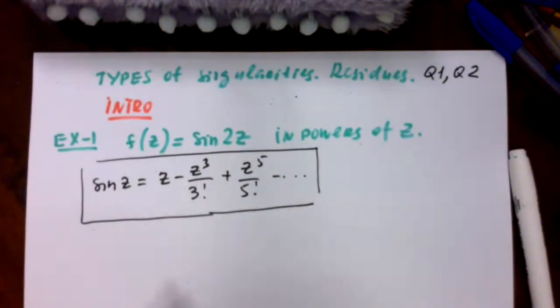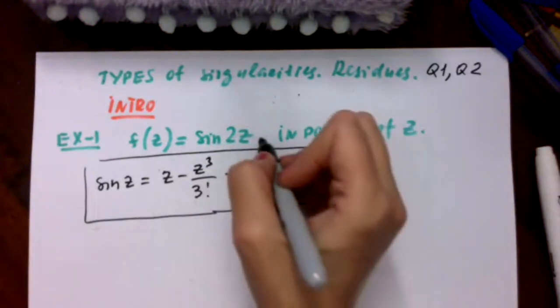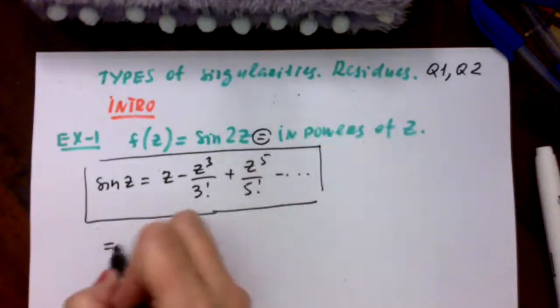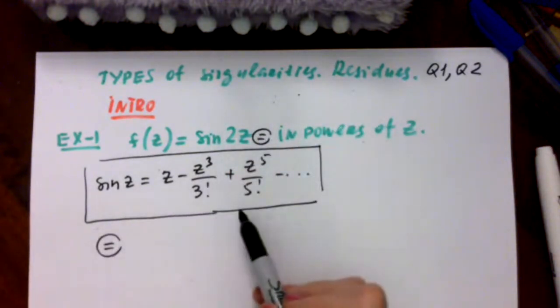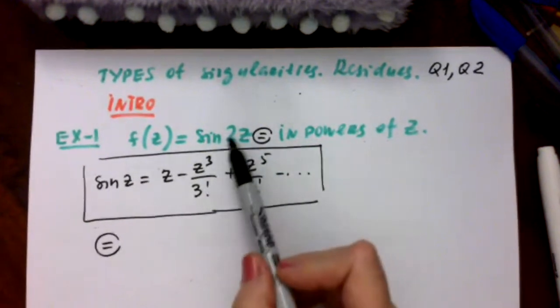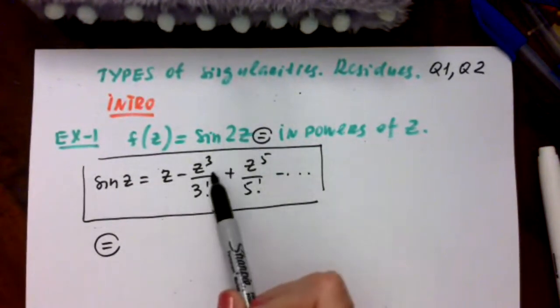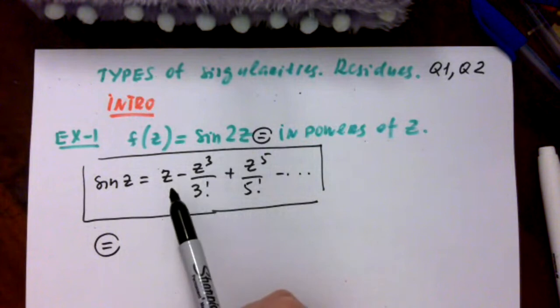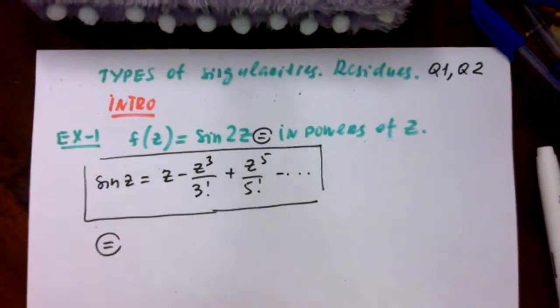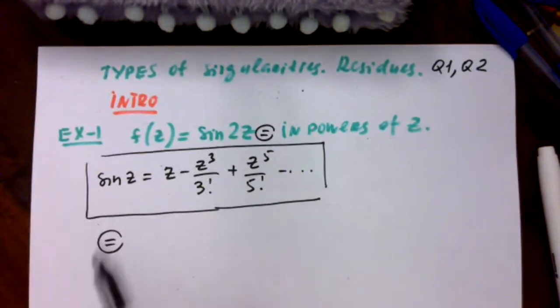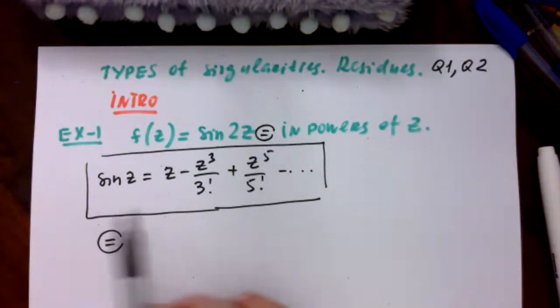So our function is pretty similar to this function, and we are tempted to use this canonical expansion by substituting 2z wherever we see z. And the question arises, is it allowed or not? We still don't know. That's what we want to explore now. Let's pretend, no, it's me who is going to pretend that I don't know this rule. I'm just going to explore.